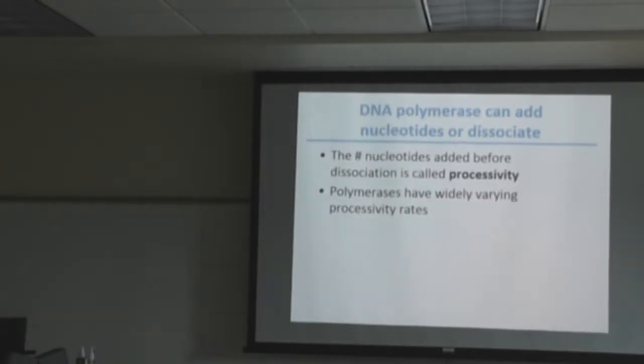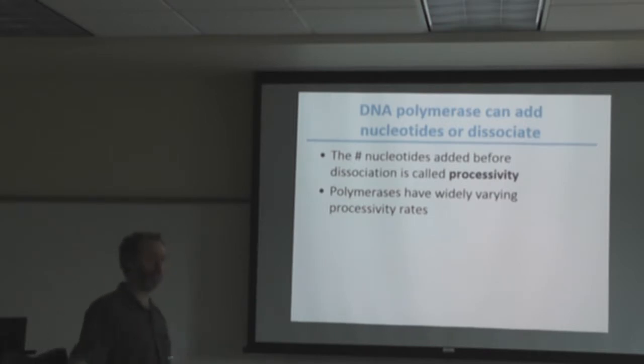So DNA polymerase adds nucleotides or can dissociate. The number of nucleotides added before dissociation is called the processivity. Now there's different DNA polymerases in the cell depending if it's eukaryote or prokaryote. They all have different DNA polymerases. The one with the highest processivity is the one that generally is used to replicate the whole genome.